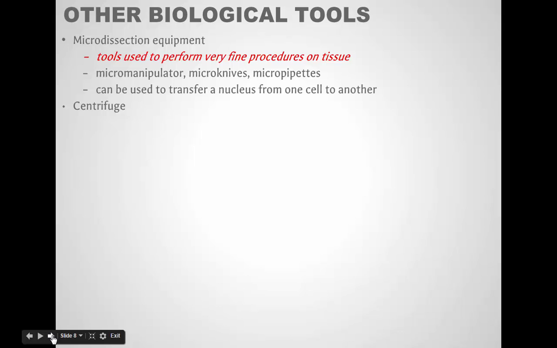Centrifuge is, I thought I had one, Ms. Dowling has one. It's basically this tool that spins a sample around very, very quickly. What happens is different parts of the sample separate out according to their density. The most dense parts of the mixture end up on the bottom, and the least dense end up on the top.